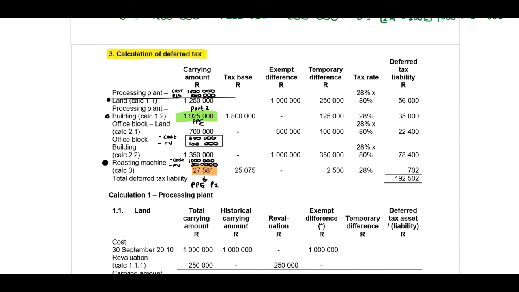And together, that will be the 1350000. Right. I have now transferred all of my easy marks, which is my carrying amount in terms of my accounting rules. Now let's have a look at our tax base column. Our tax base will be the carrying amount in terms of our tax rules, right?